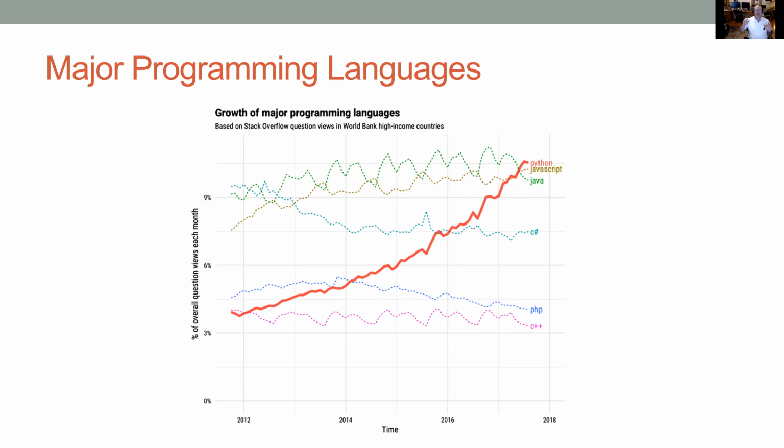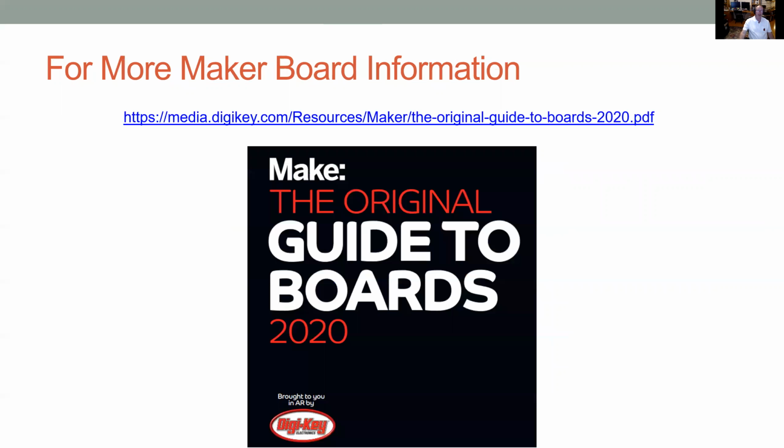Don't go with one language. The more languages you know, the better engineer you will be. Because if you know C, Java, Python, C sharp, then you can learn a lot of stuff and apply it in your future jobs.